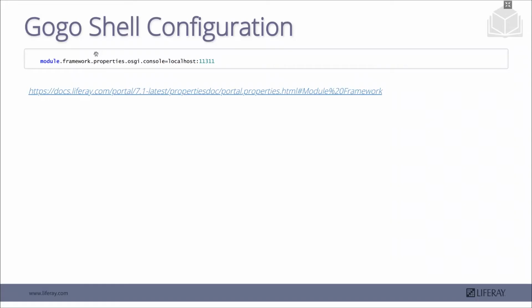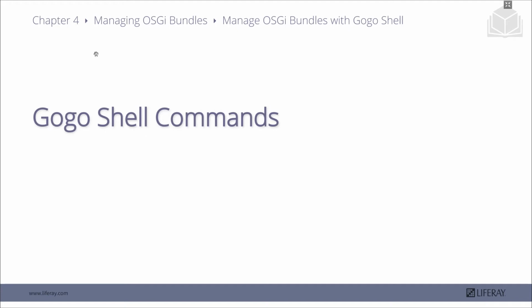This is configurable, so you can head over to the documentation listed here, or you can copy and paste that line that we have right there over in portal-ext.properties, and you can change the port number to whatever you want. But the default is 11311.